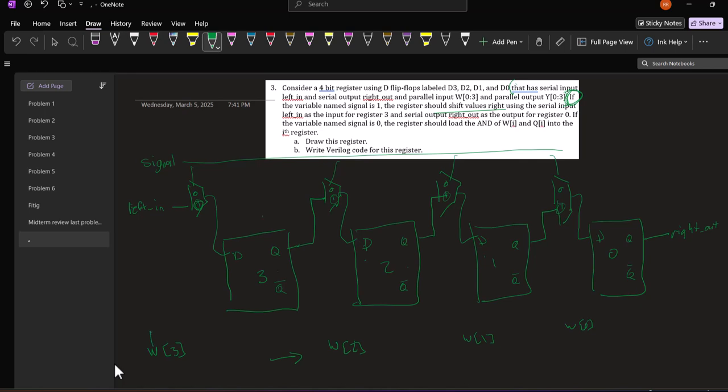Well, this is Q3, this is Q2, this is Q1, this is Q0. So I'm going to AND together W3 and Q3, and that'll be my input into the 0. So here's W2 and Q2, and those together.